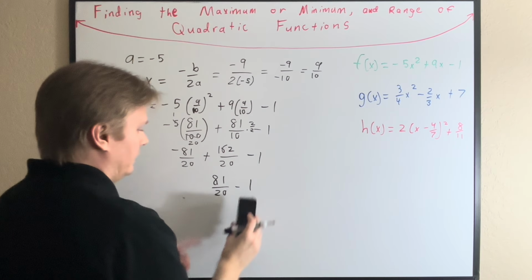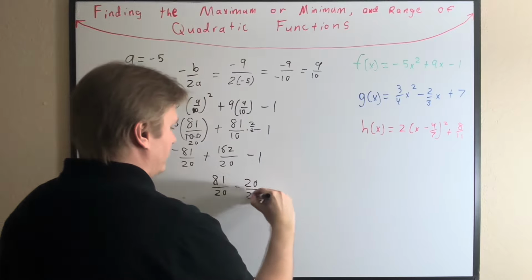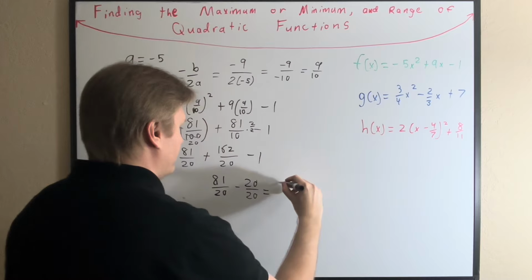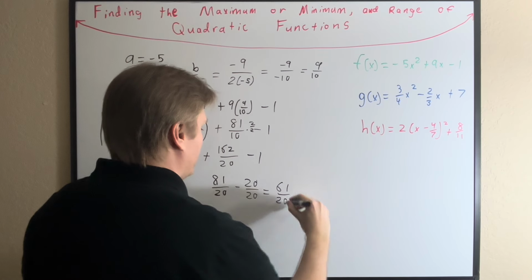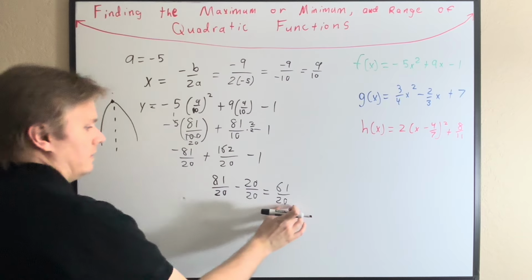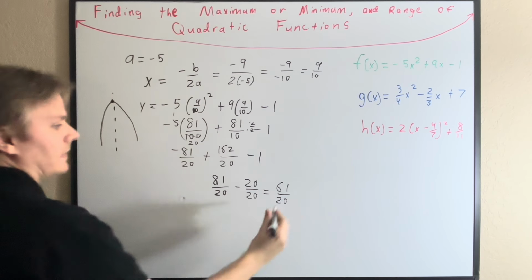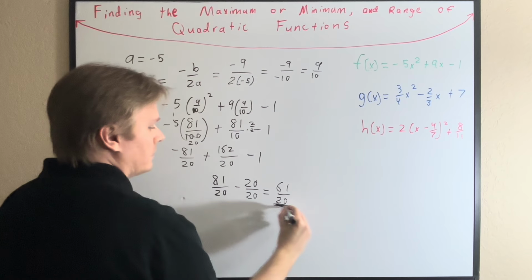Now, 1 in 20ths is going to be 20 over 20, so 61 over 20. That is the maximum we were looking for.